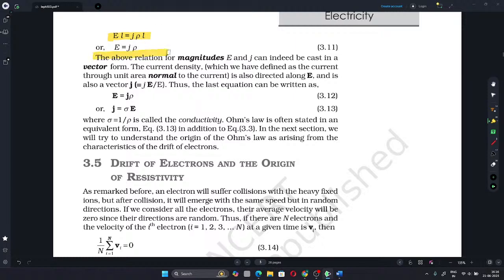The above equation for magnitudes E and J can indeed be cast in a vector form. The current density, which has been defined as the current through unit area normal to the current, is also a vector.